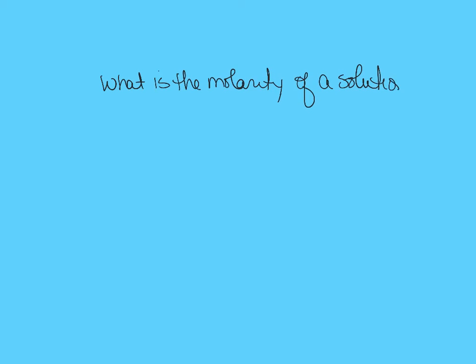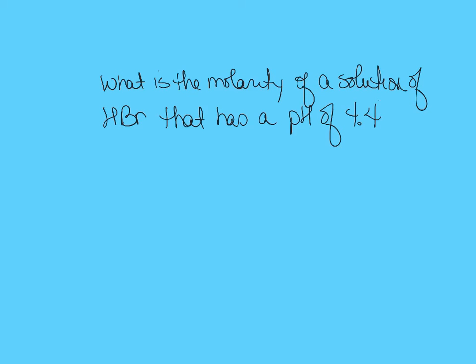I can also use pH to calculate the concentration of a solution. I could say, what is the molarity of a solution of hydrobromic acid that has a pH of 4.4?